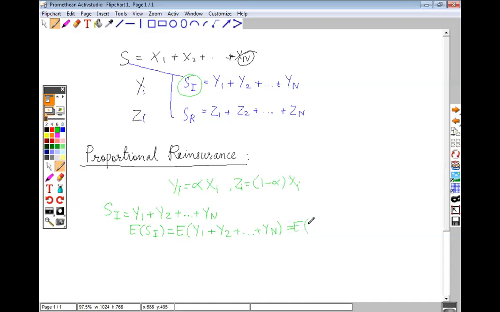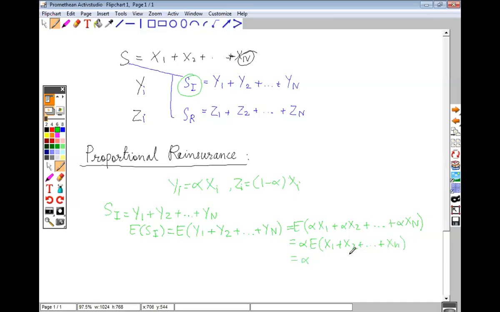Exactly, Mihir. So I know that I can rewrite my Y1 as alpha x1, right? So what will be my Y1 here? Alpha x1 plus alpha x2 for Y2, and it will go on till alpha xn for Yn. So now I know that my alpha is just a constant. So I'll take that outside as common, and within the brackets, I'll have x1 plus x2 up until xn.